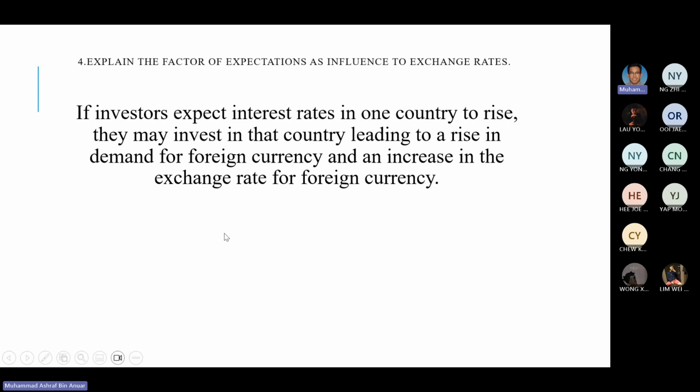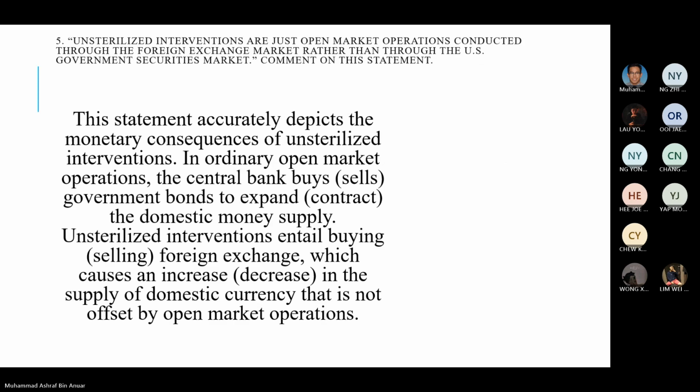So this is how you get to the answer. You are expecting the interest rate in that particular country to increase, so that investors will invest there. Okay, clear? All right, next.